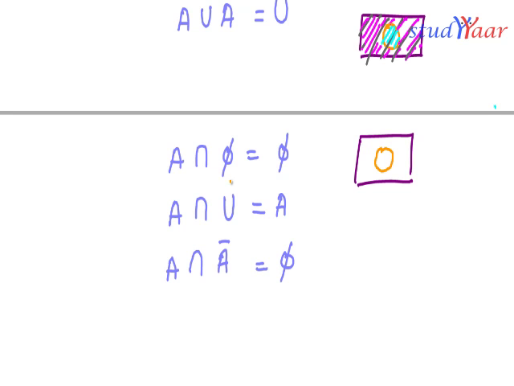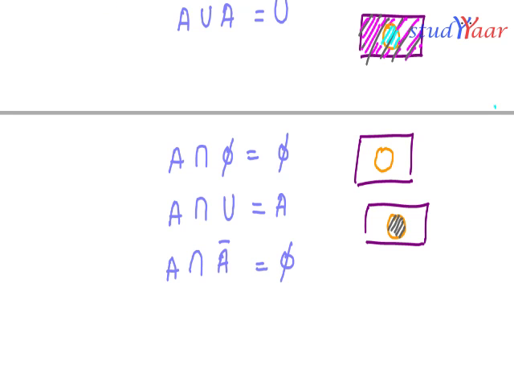Then the next is the intersection of A and the universal set. The universal set and A obviously have what in common? They have this region in common. Therefore the answer is A, right?